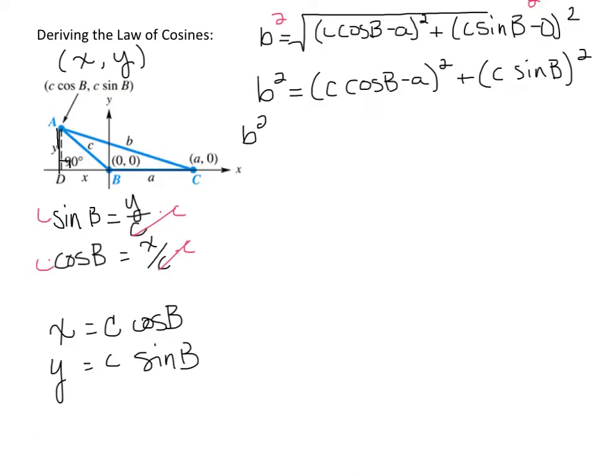So b squared stays the same, but when I FOIL it, I get c squared cosine squared B, minus 2ac cosine of B, because this second term here is being subtracted, and then I have plus a squared.